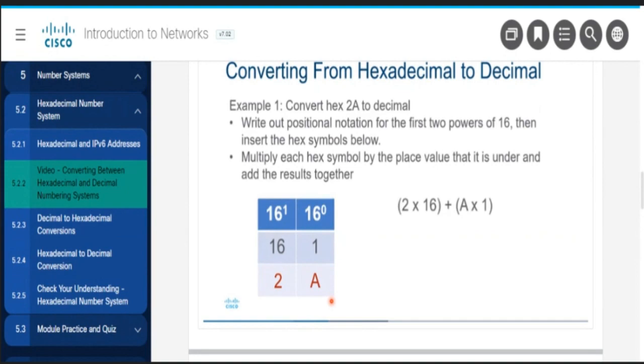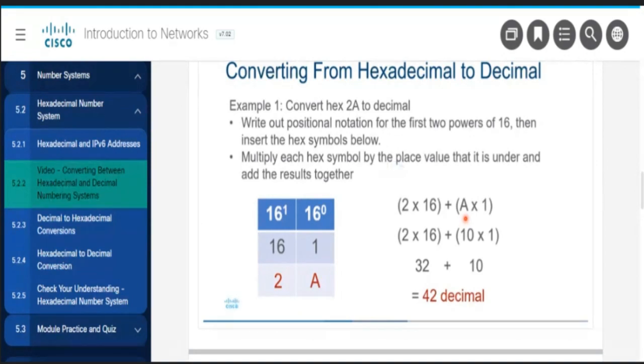So we get 2 times 16 plus A times 1. That gives us 2 times 16 plus 10, which is the decimal equivalent of A in hex, times 1, which gives us 32 plus 10, or 42 in decimal. Multiplying or dividing by 16 isn't always easy when doing hex to decimal conversions.